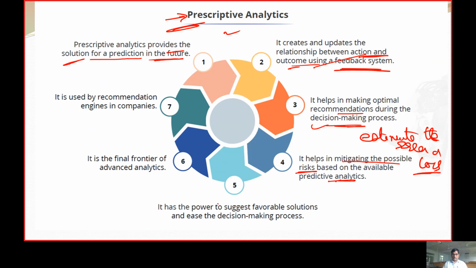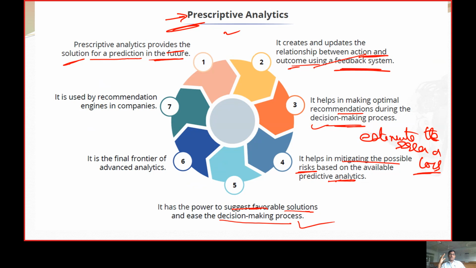The other step is that it suggests favorable solutions and eases the decision making process. Not only does it give a single decision to implement, but it gives a set of rules, a bunch of decisions, and optimal values for them, so you can decide which decision to take based on some score.